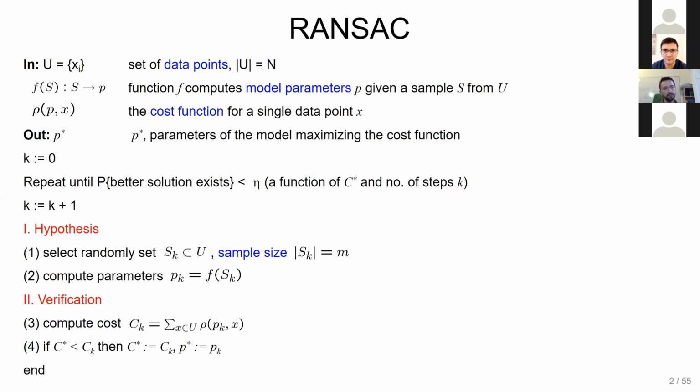For example, if you are estimating homography, from 4 correspondences you have a single homography, whereas if you are trying to estimate a fundamental matrix, using the 7-point algorithm you have 1 to 3 fundamental matrices. You compute the parameters, and for each of the models, you compute the cost. If the cost is the best so far, you store the cost and also the parameters so that you have something to output.